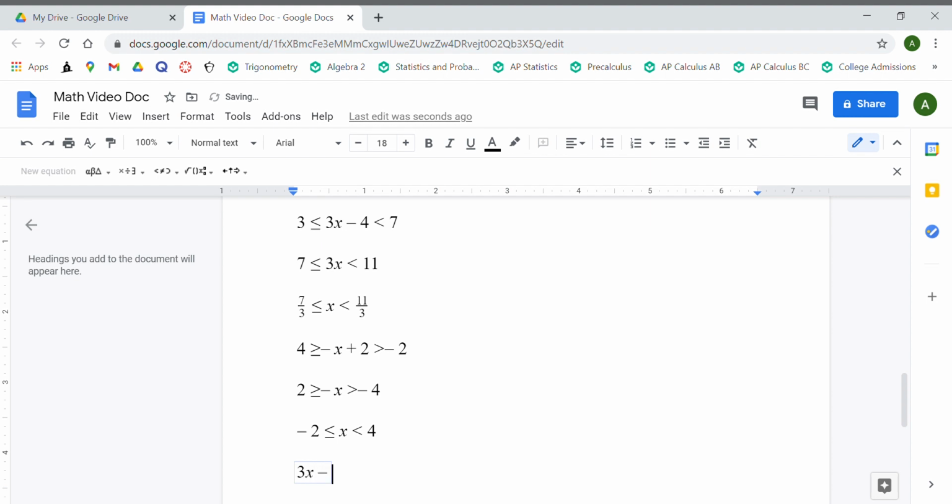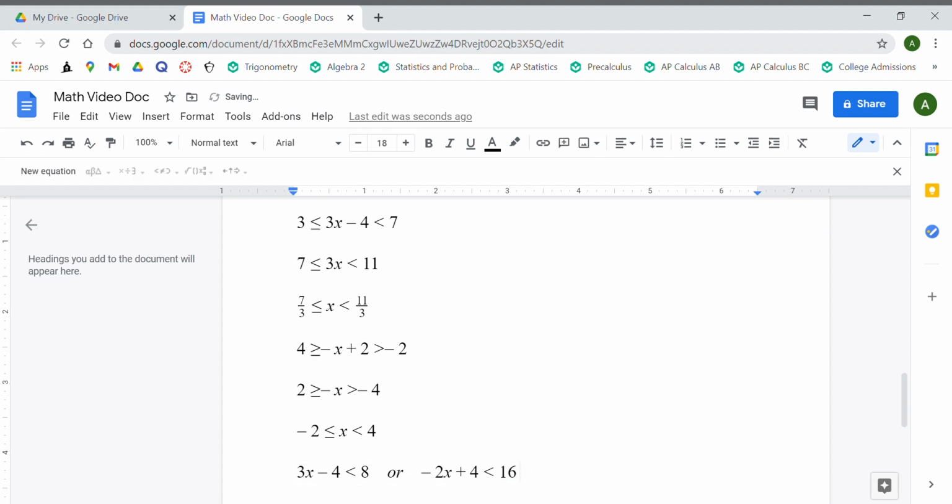So how about 3x minus 4 is less than, let's say, 8. Or -2x plus 4 is less than 16.